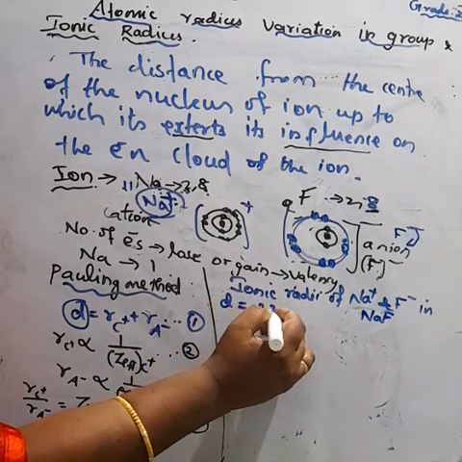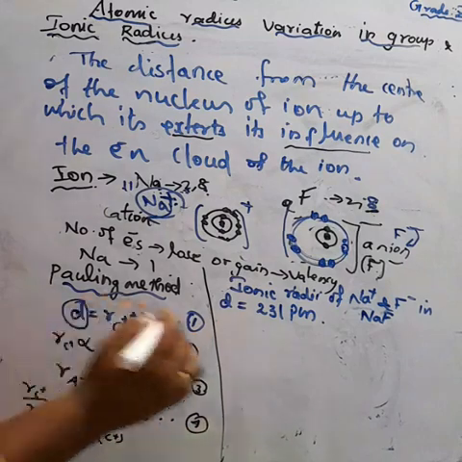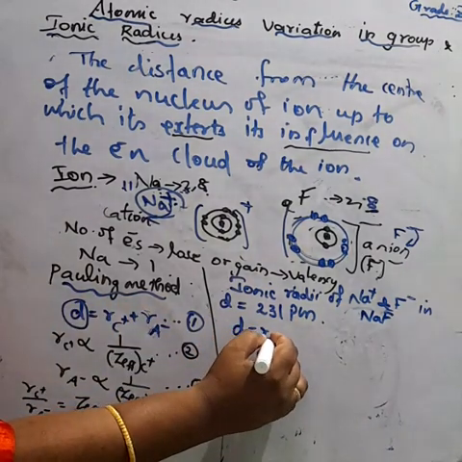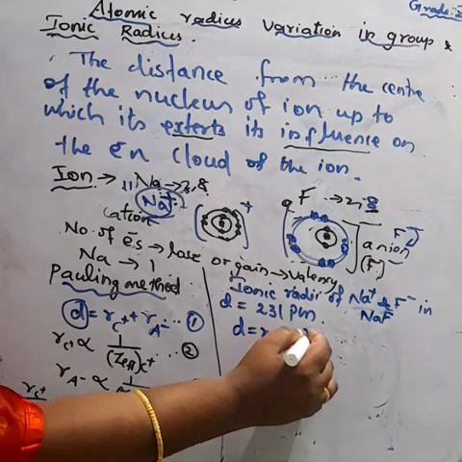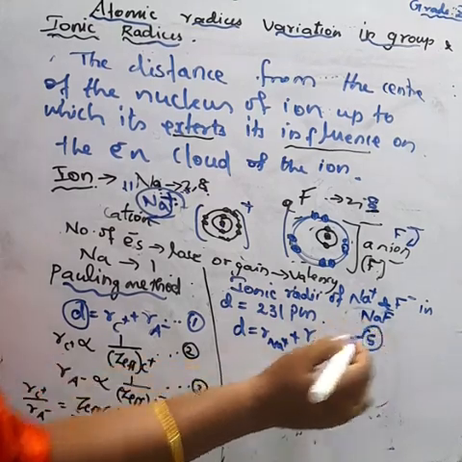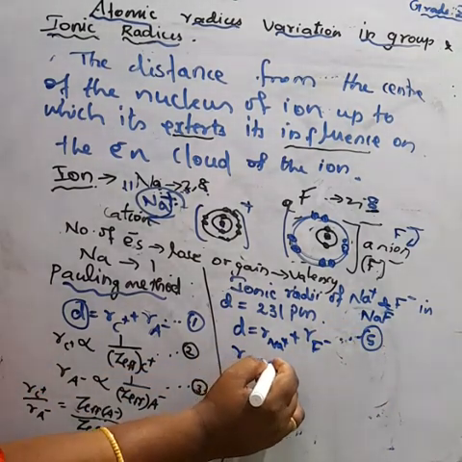So what is equation number 1? D is equal to R_Na+ plus R_F-. We are taking this as equation number 5. We know the distance D is 231 picometer, so R_Na+ plus R_F- is equal to 231 picometer.